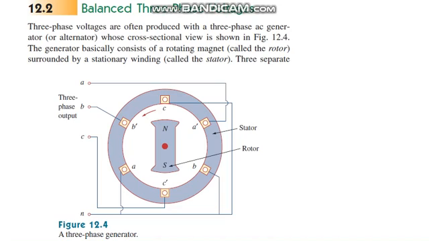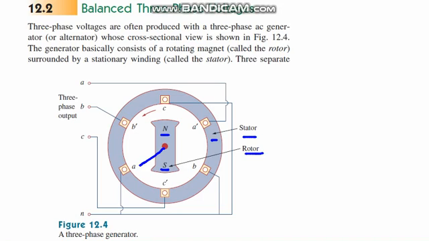There is a cross-sectional view that you can see here. There is a stator, as you know, that doesn't rotate, but the rotor rotates. The rotor has a magnetic pole, north and south, and there are some phases.